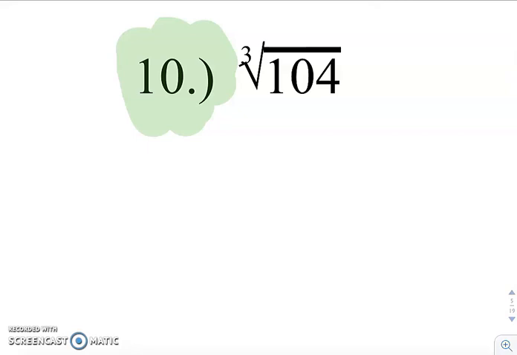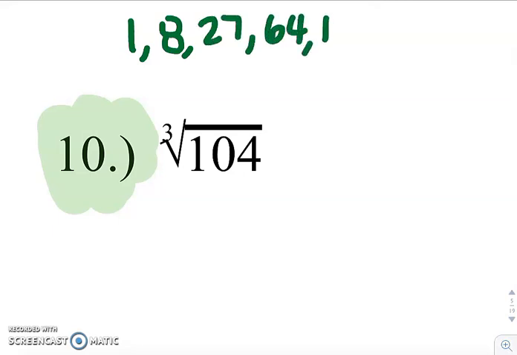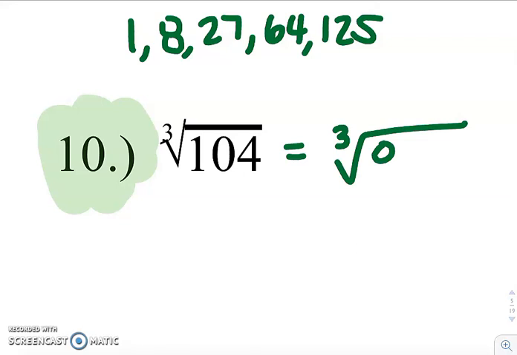You can check if 104 is divisible by any perfect cubes: 2 cubed is 8, 3 cubed, 4 cubed, 5 cubed. And it is. 104 is just 8 times 13.